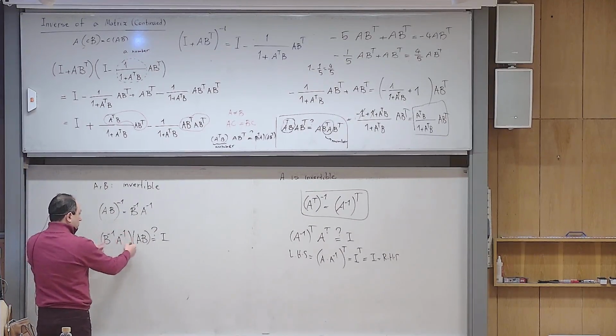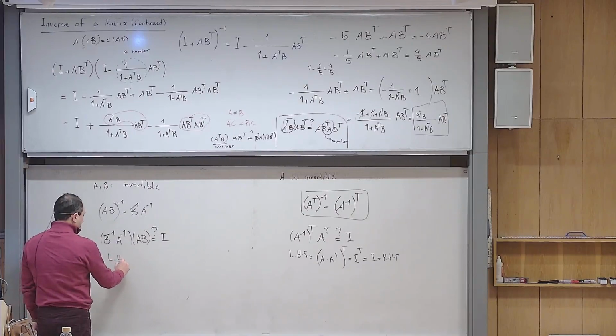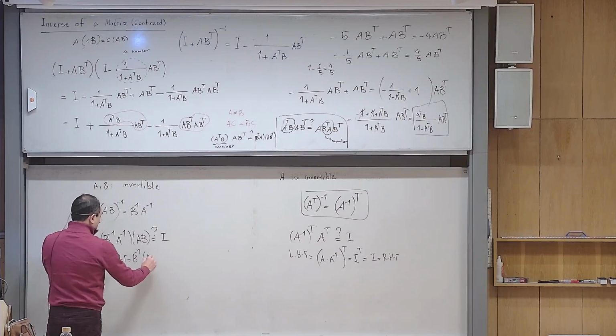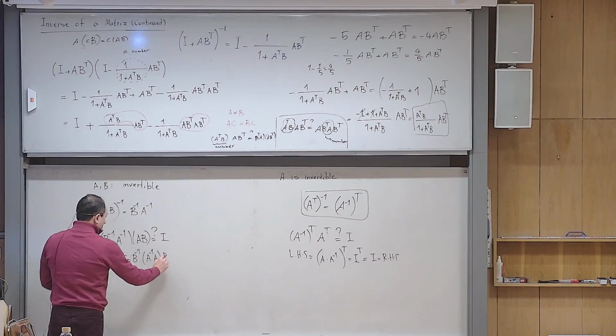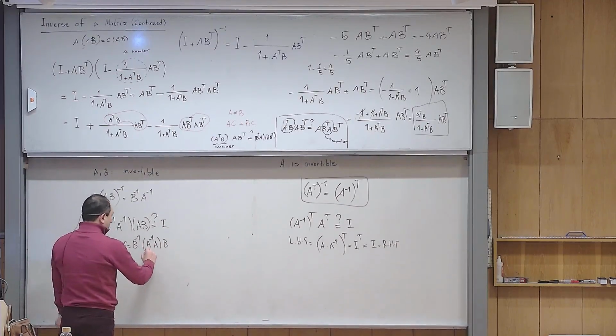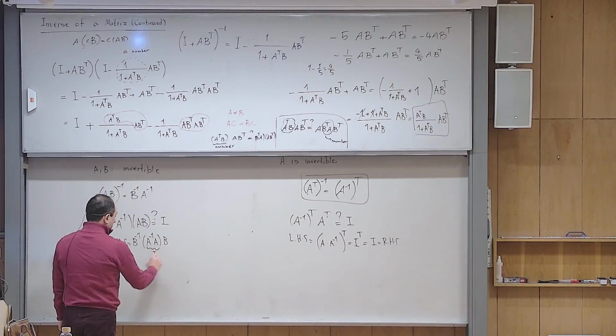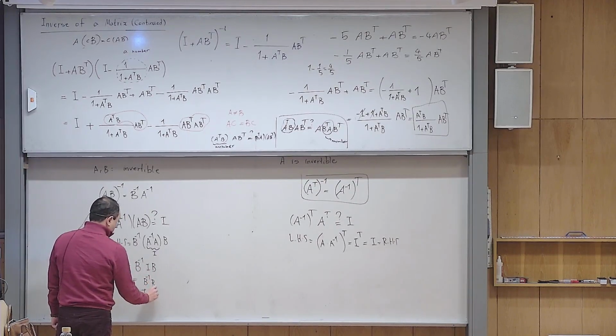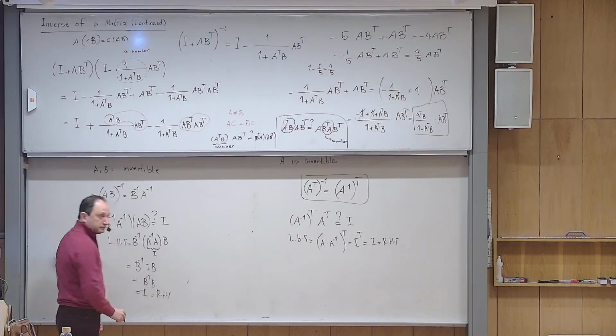Starting from the left-hand side, I would write B inverse, then A inverse A, and then B. But A inverse A is I, so this becomes B inverse I B, which is just B inverse B, and this becomes finally I, and that is the right answer.